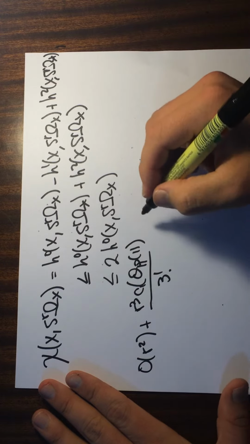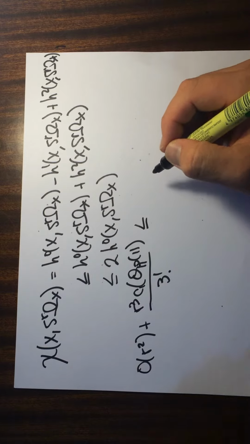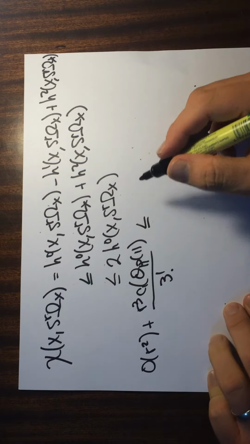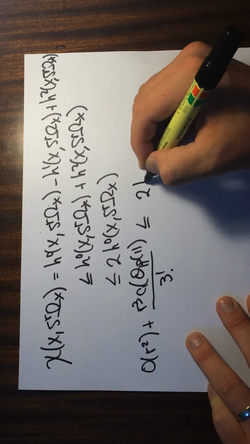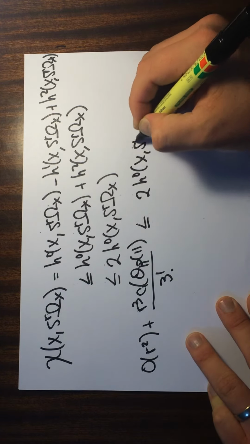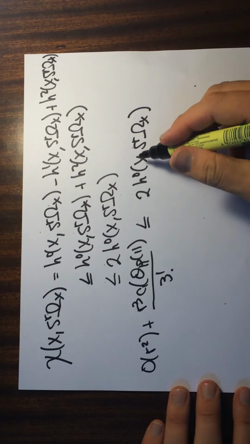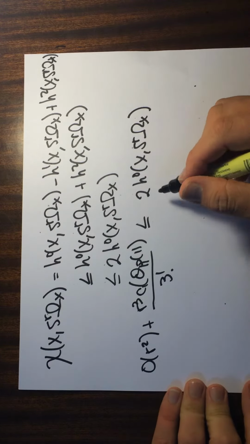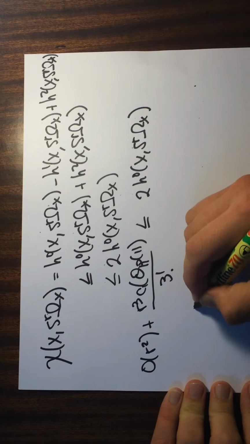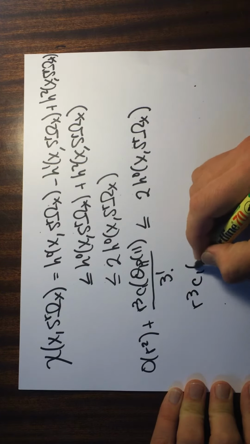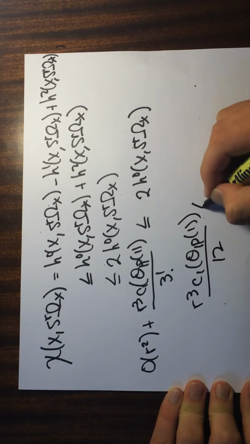If you're used to Landau O notation, this is a terrible abuse of Landau O, but I'm just going to do it anyway. That this is less than or equal to 2 H0 of x SR omega x. And so asymptotically, we're going to have this lower bound. So we have something like r cubed C1 OP over 12, less than or equal to.